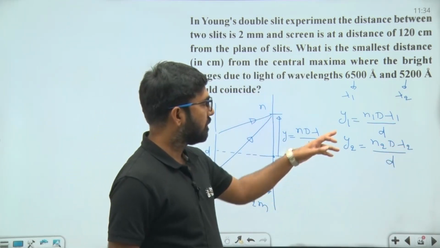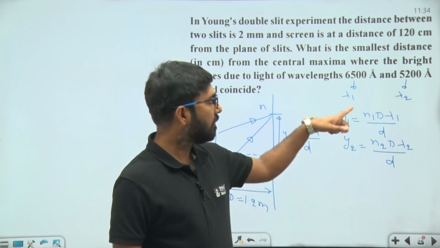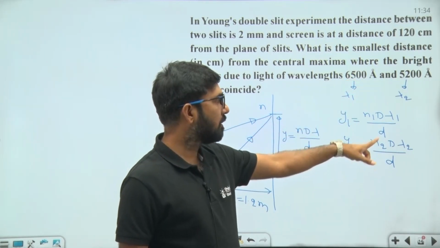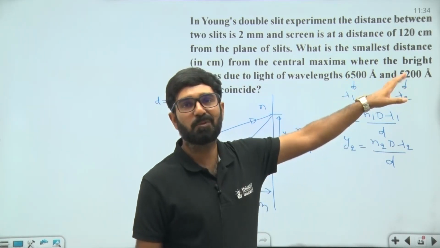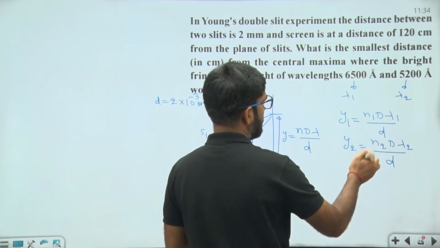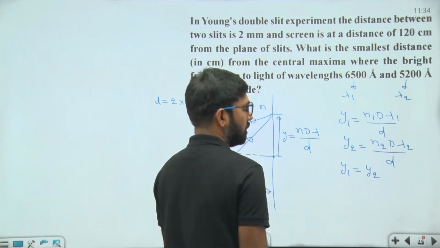According to question, these two maxima coincide with each other. N1 order maxima corresponding to this wavelength and N2 order maxima corresponding to this wavelength both coincide with each other. If these two maxima coincide with each other, then y1 equal to y2.